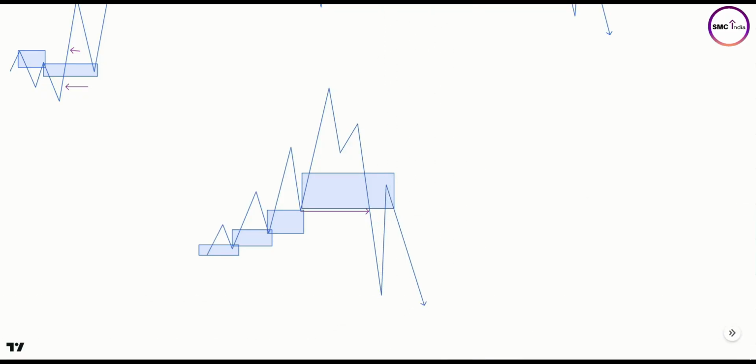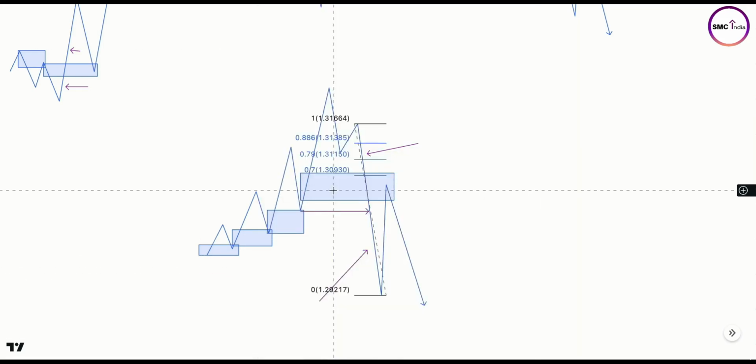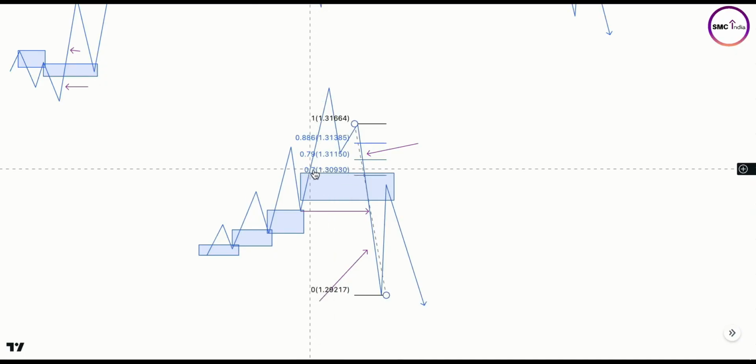So whenever you see that there is a huge amount of imbalance down here, and very less or negligible amount of imbalance up here, you consider this order block as a valid supply breaker block. And what you see next is that when you draw these fib levels, this order block matches with your 70%.